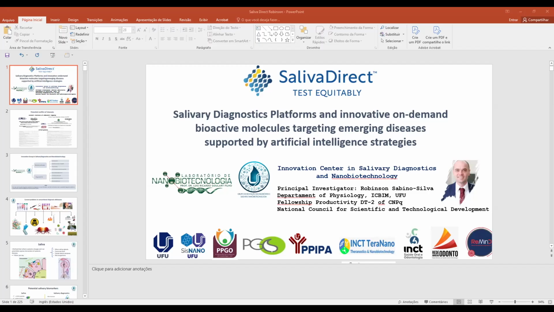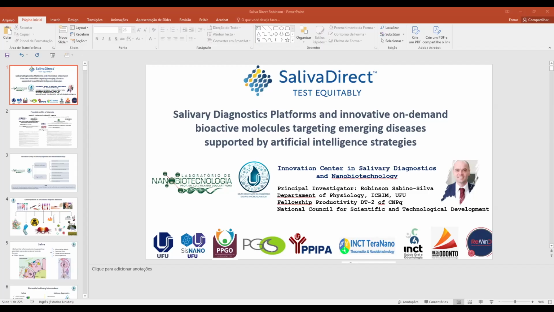We have a potential conflict of interest because we have 17 patents filed at the National Institute of Industrial Property. Our main line of research is to select bioactive molecules using bioinformatics together with AI. We call it SagaPep. We use phage display technology, and sometimes functionalization with nanoparticles.